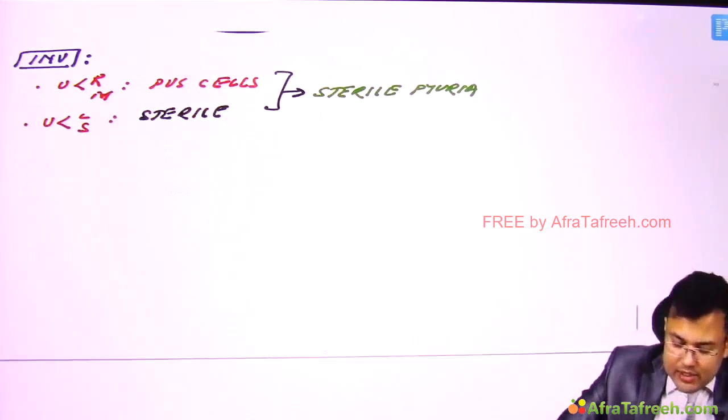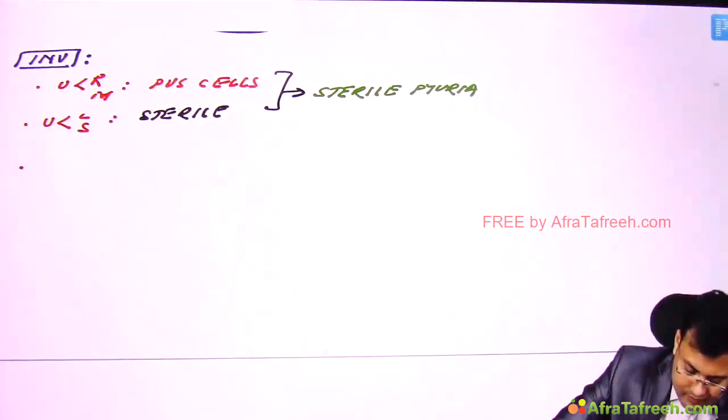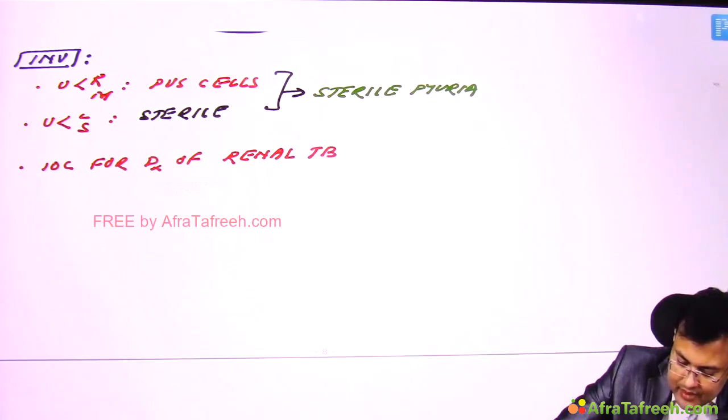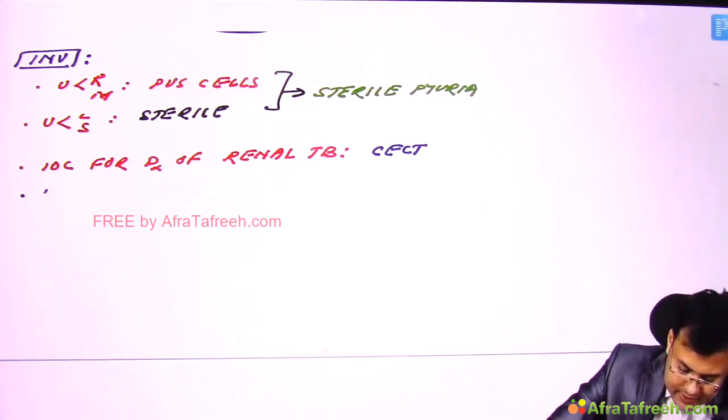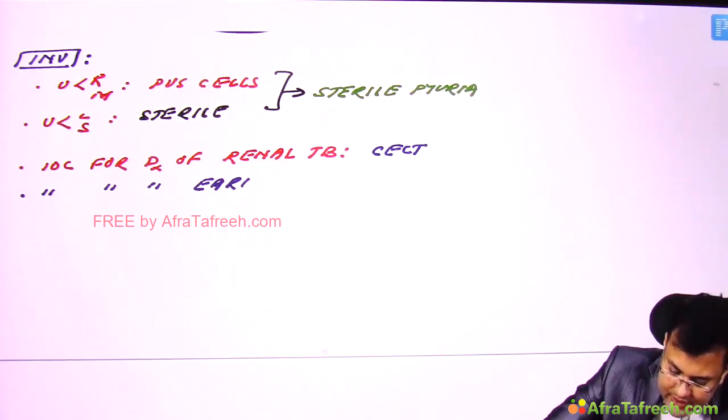So three important questions. Investigation of choice for diagnosis of renal tuberculosis, and that is CT. Now see, investigation of choice for diagnosis of early changes.